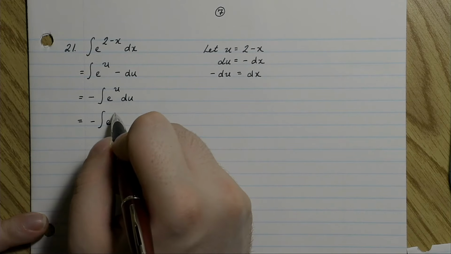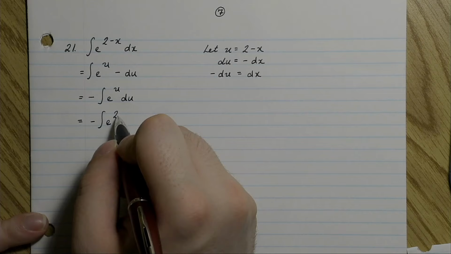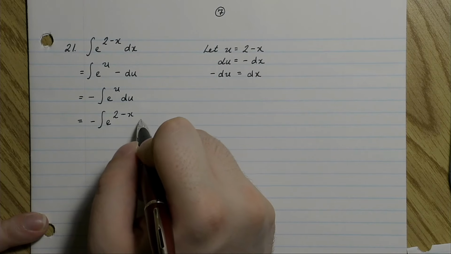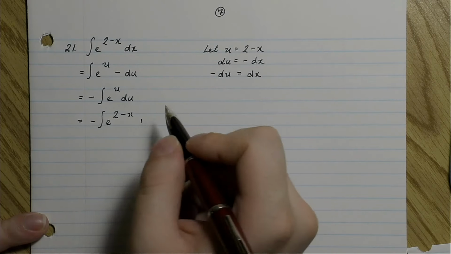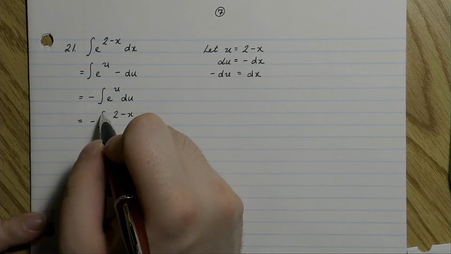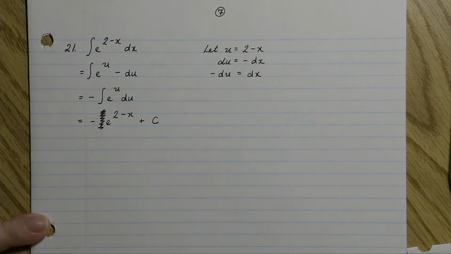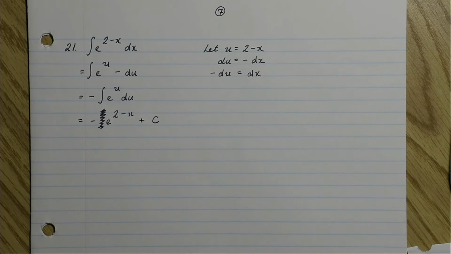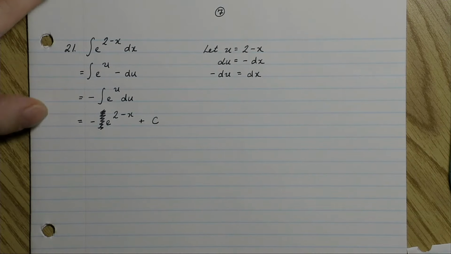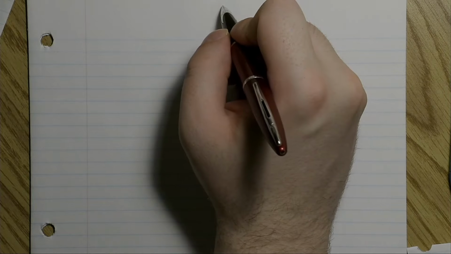And replacing the u now, so e to the 2 minus x. Oh, plus c. Let's do that again. I've made mistakes before.